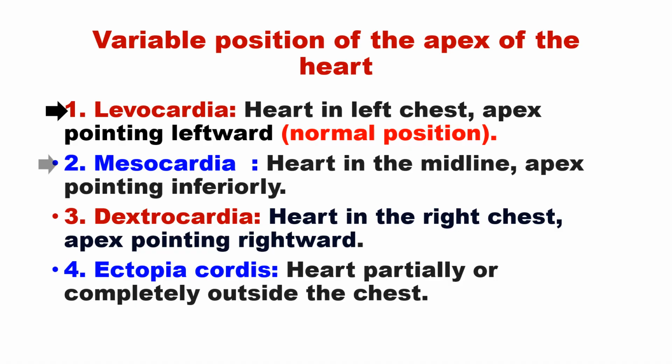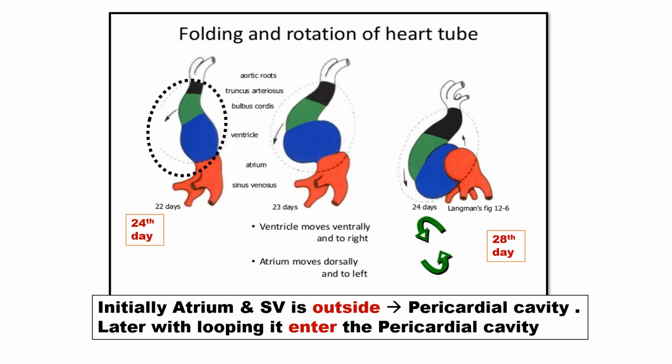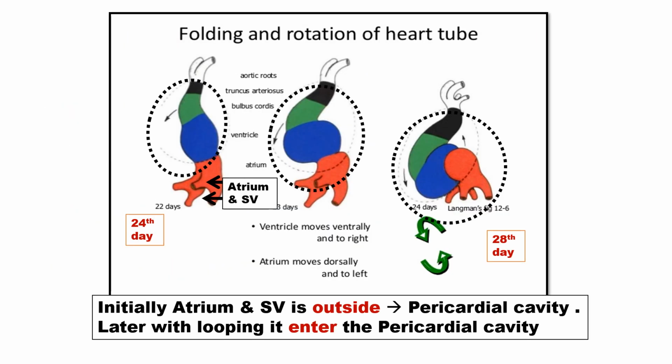It is the normal position. Mesocardia, heart in the midline, apex pointing inferiorly. Dextrocardia, heart on the right side of the chest, apex pointing rightward. Ectopia cordis, the heart is partially or completely outside the chest wall. Initially, the right atrium and sinus venosus are outside the pericardial cavity.